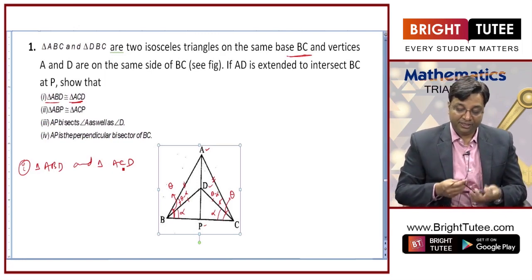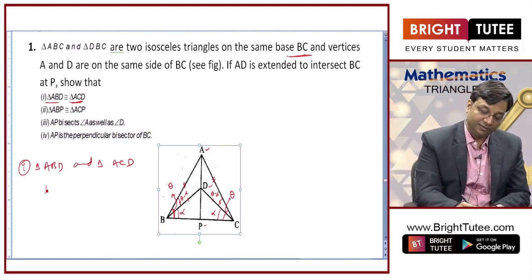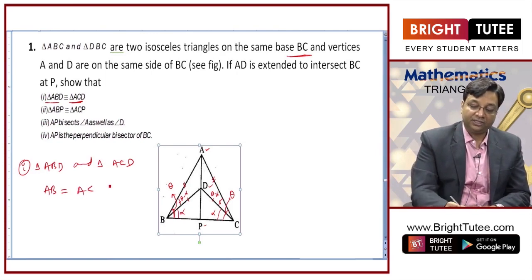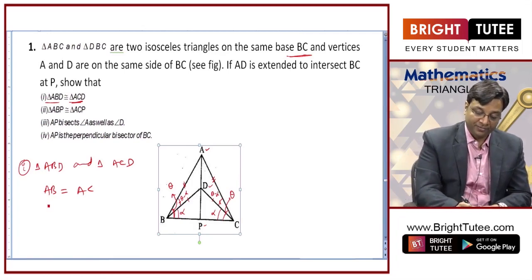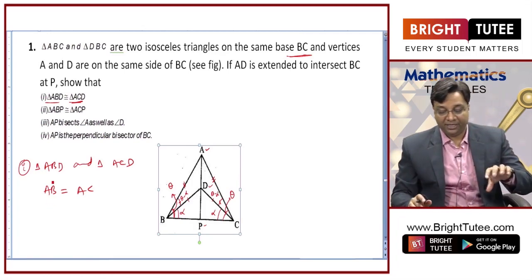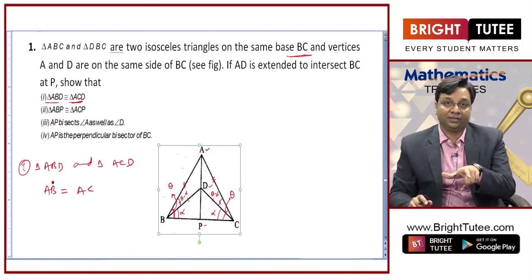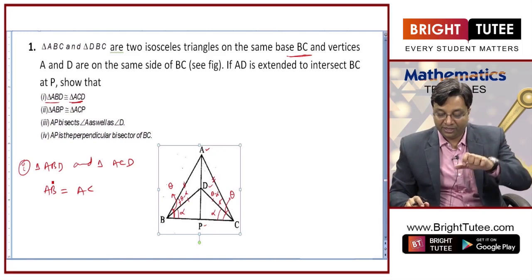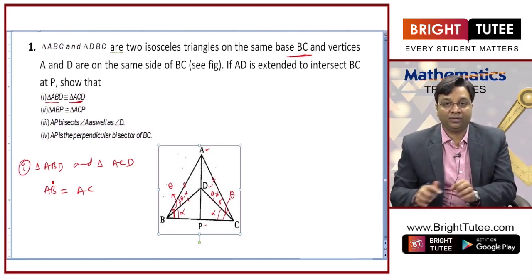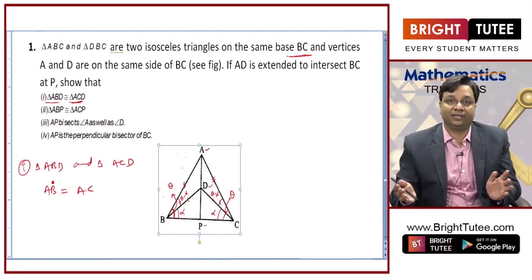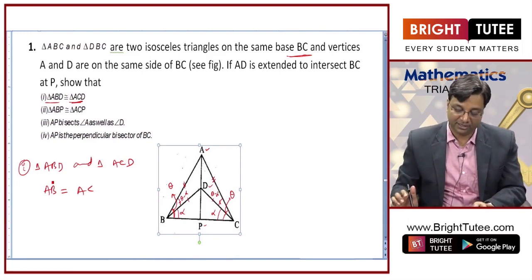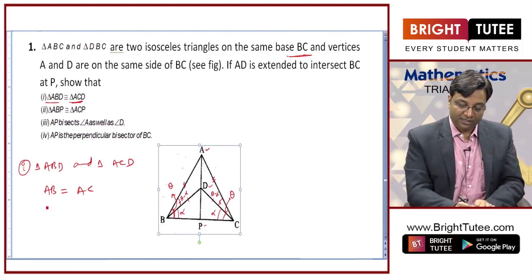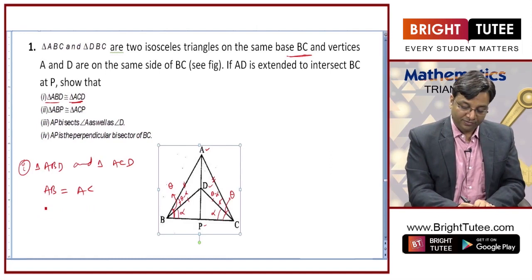In triangle ABD, side AB is equal to side AC, because it is given that triangle ABC is isosceles with base BC. So, the equal sides are AB and AC. And it is also given that DBC is also isosceles. So, DB is equal to DC and it cannot be in any other way, right. So, AB is equal to AC, it is given.